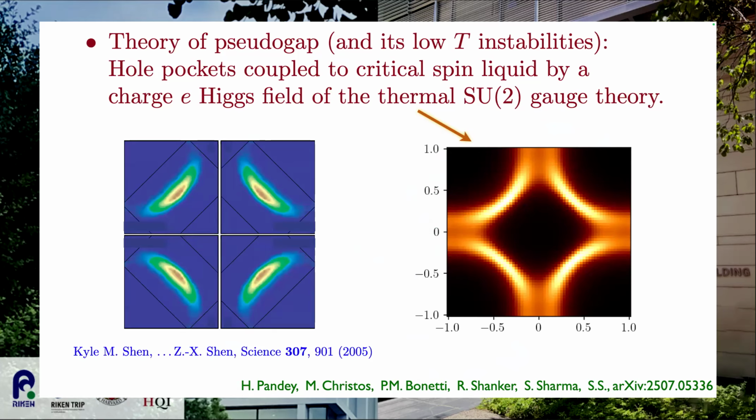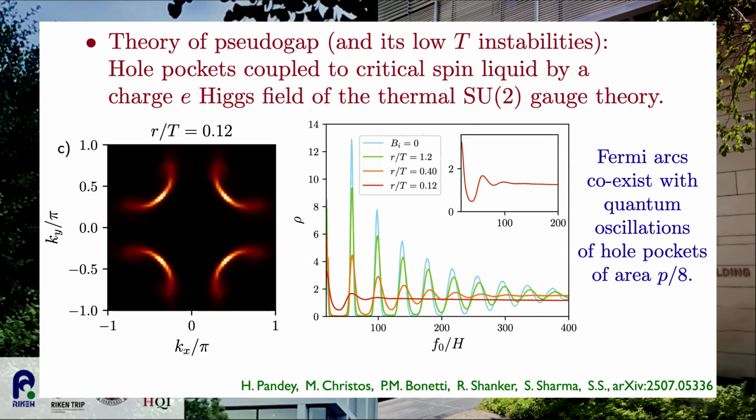Okay. Now you might wonder, this is very dangerous because wouldn't this destroy the Yamaji effect? Because you've destroyed the backside. We haven't computed the Yamaji effect, but we looked at quantum oscillations. So we took this gauge theory and tried to see if it had any signal of the quantum oscillations still around. So that's this plot here. This is a simplified version of the gauge theory.